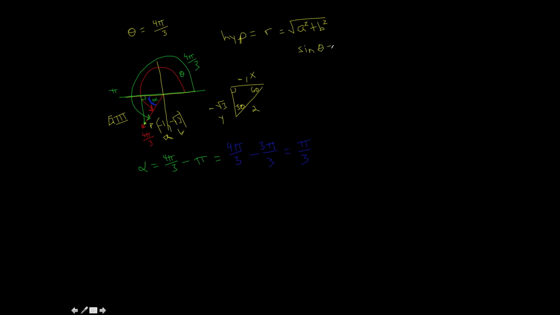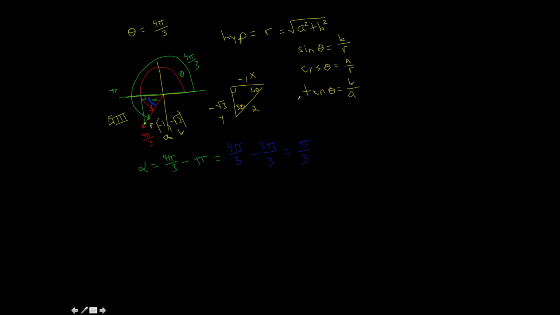We said sine theta is B over R, cosine theta is A over R, and tangent theta would equal B over A.